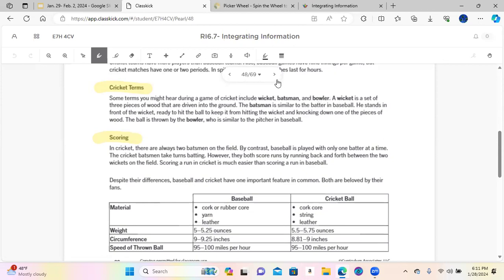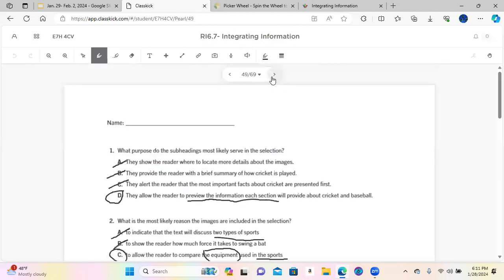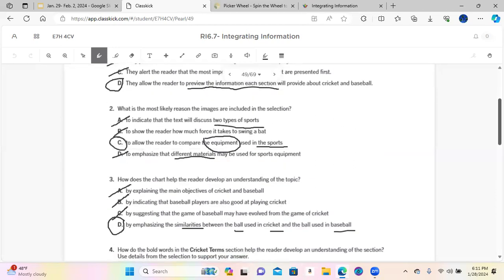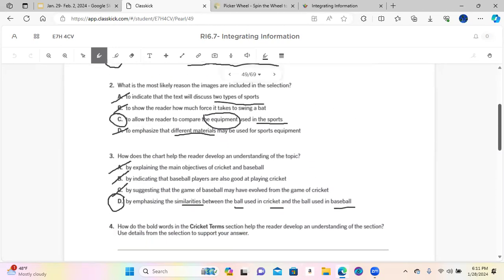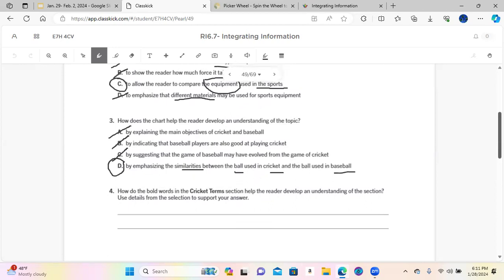So we know that those words are important. So we could say that the bolded words emphasize terms that help the reader better understand how to play the game of cricket. All right.